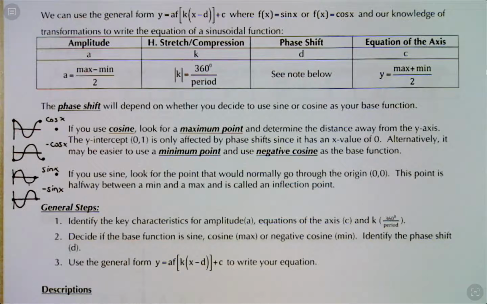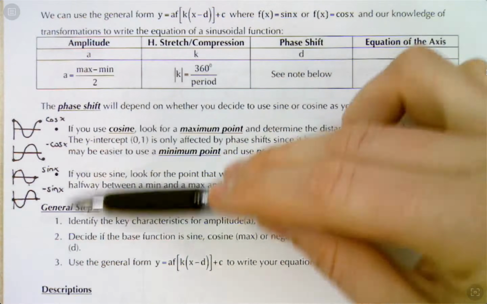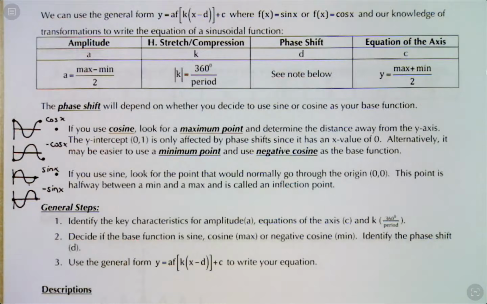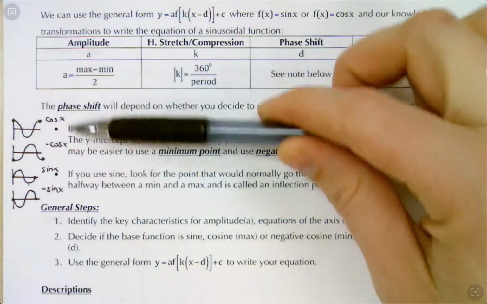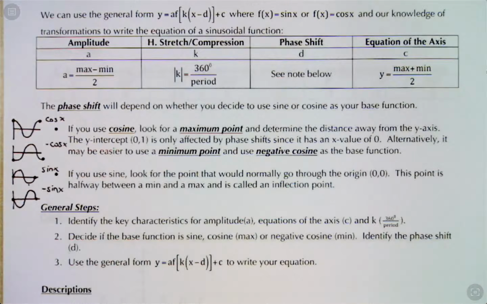So realistically, we have 4 different base functions that we can choose. Is there a right one to choose? It just depends on who you ask, I suppose. We try to use the simplest equation. So I believe that whichever equation has the smallest d value is probably the best equation. That being said, you could use any of the 4 base functions and write a correct equation of any graph of sine or cos that you're given.